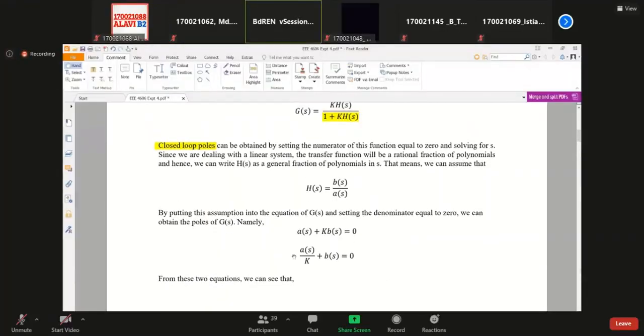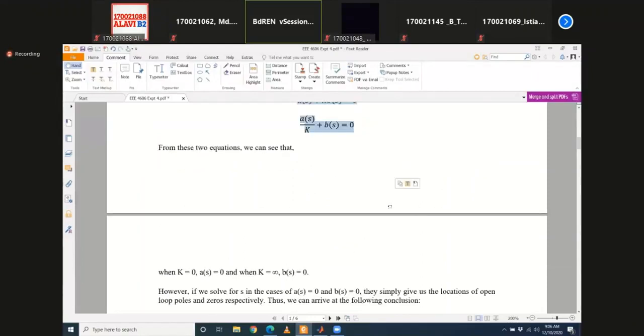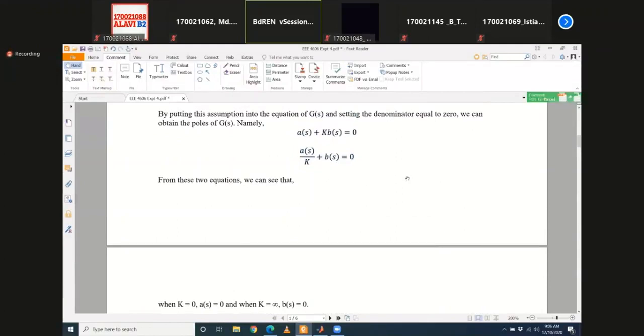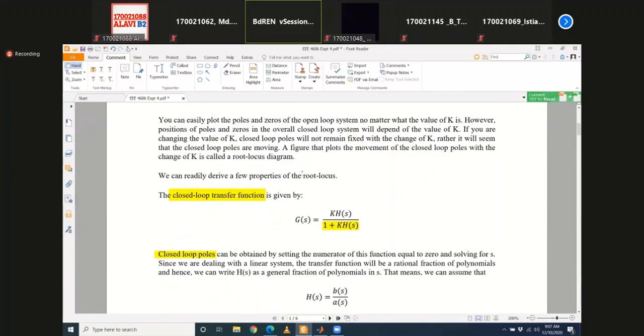Okay, so these are the closed loop poles equations of the system, right? Now, what we are interested to learn is how the closed loop pole location varies with change in this value K, the gain. That is basically what's called a root locus. You already know what the word locus means.